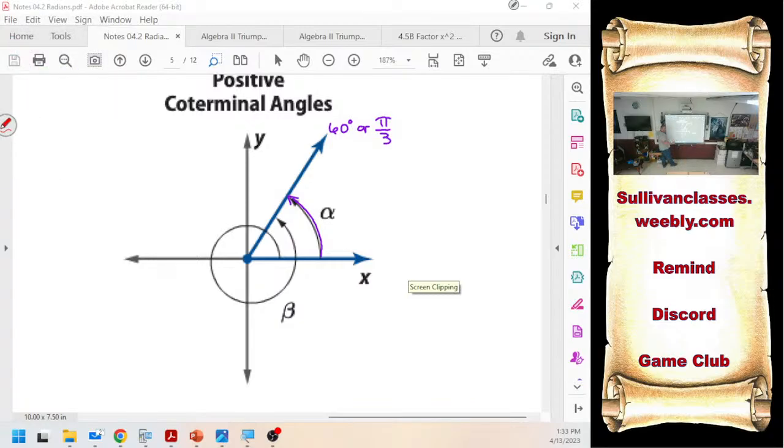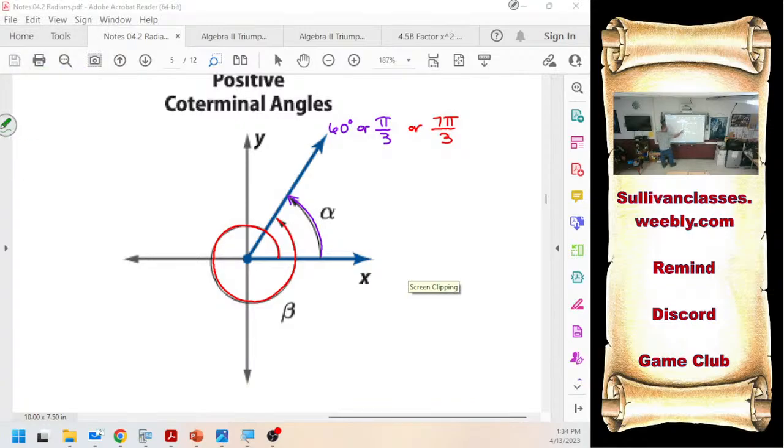So if I want to get to pi over 3, or that terminal side again, I go to pi over 3, I'm like, oops, someone's in my spot. So I'll keep going around the block and I'll try it again. I have added another 2 pi, 6 pi over 3. I'm now at 7 pi over 3.